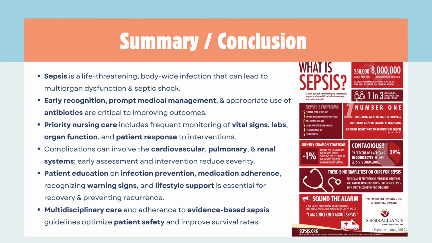Sepsis can lead to serious complications affecting the cardiovascular, respiratory, and renal systems, making early assessment and intervention essential. Patient education plays a key role in recovery and prevention, including infection prevention, medication adherence, recognizing warning signs, and supporting overall health during recovery. Ultimately, a multidisciplinary approach and adherence to evidence-based guidelines are essential to improve patient safety and survival.